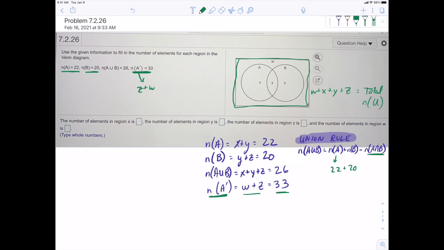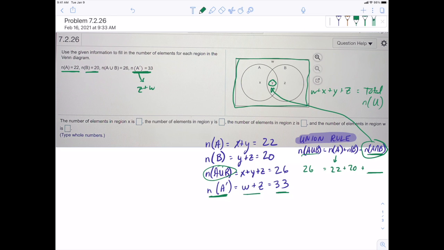But we do know that the number in the union is 26. So you should be able to figure out what goes in the intersection. And remember, the intersection is simply y. That's going to be y.